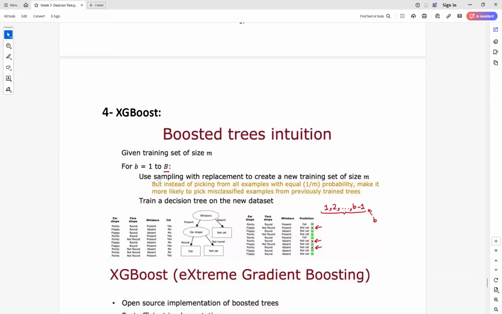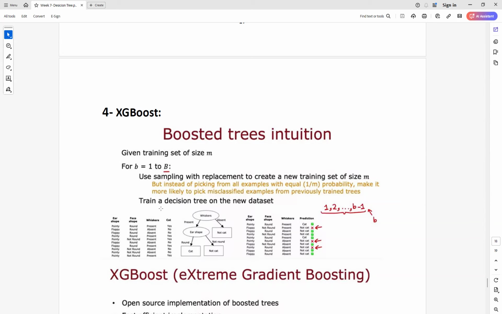But there is a small difference that we added to create XGBoost. After using sampling with replacement and creating new data, instead of picking from all examples with equal 1 over m probabilities, make it more likely to pick misclassified examples from previously trained trees.